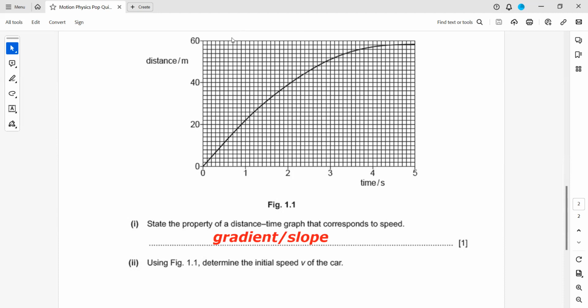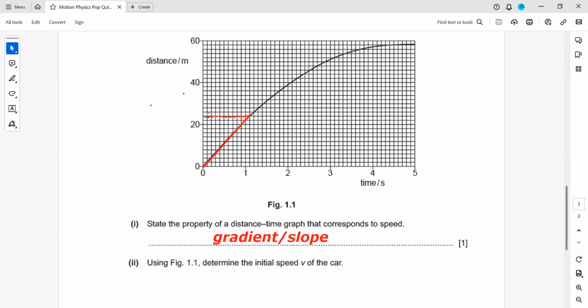Because it's a curve, there are two ways. You can draw a tangent, or you can take only the region where this is a straight line, and work out the gradient of that part. Or you can use the formula that speed is distance over time, because it's a straight line.